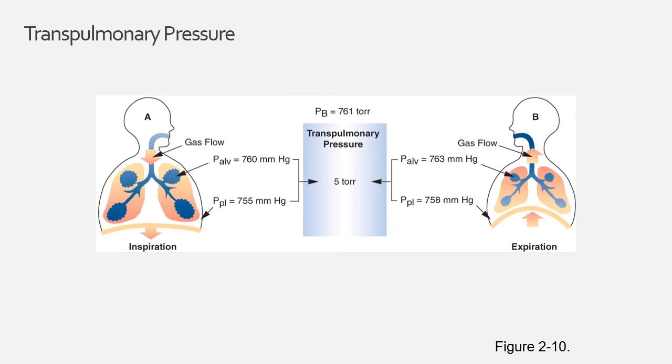Pictured in part B is expiration. This assumes that the alveolar pressure is 763 and the pleural pressure is 758. Then the transpulmonary pressure is 5 millimeters of mercury. In the normal lung, the alveolar pressure is always greater than the pleural pressure, which in turn maintains the lungs in an inflated state.